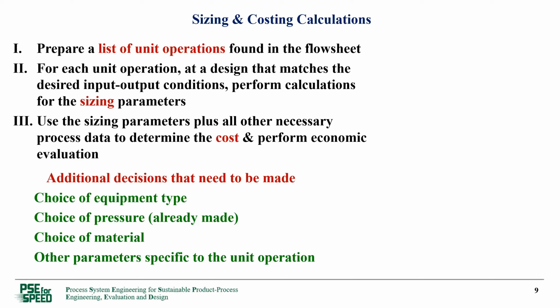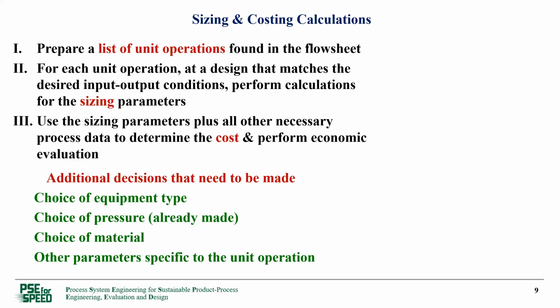So for example, we have designed the distillation column with number of stages, reflux ratio, feed location, product purity, all of that. The simulation results of all of these then are used to calculate the sizing parameter, which is the diameter and the length of the column.